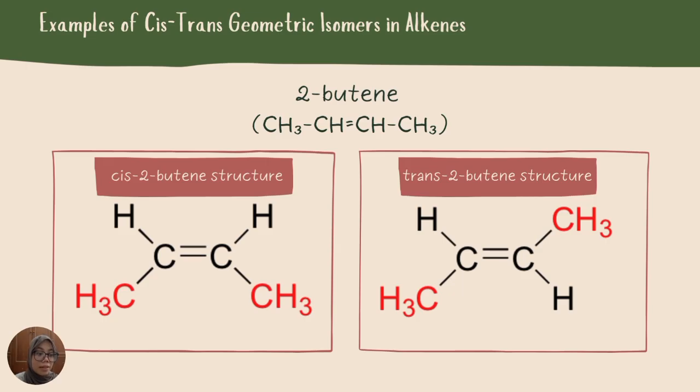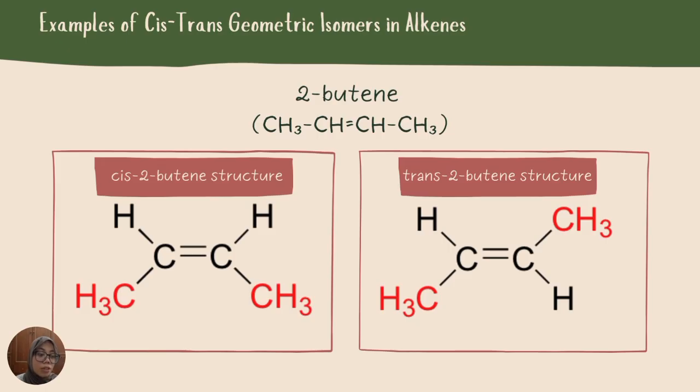So let's explore some clear and simple examples of cis-trans geometric isomers in alkenes. This will help you visualize how the position of atoms around a double bond can affect the shape and properties of a molecule. The first example is 2-butene. In cis-2-butene, the two methyl groups are located on the same side of the double bond.